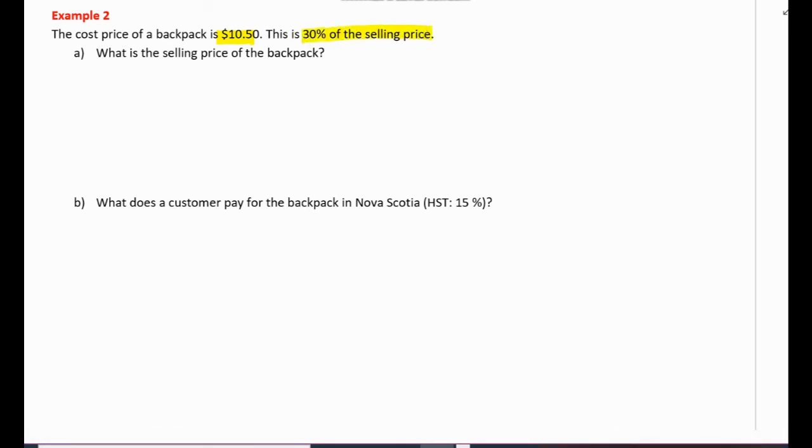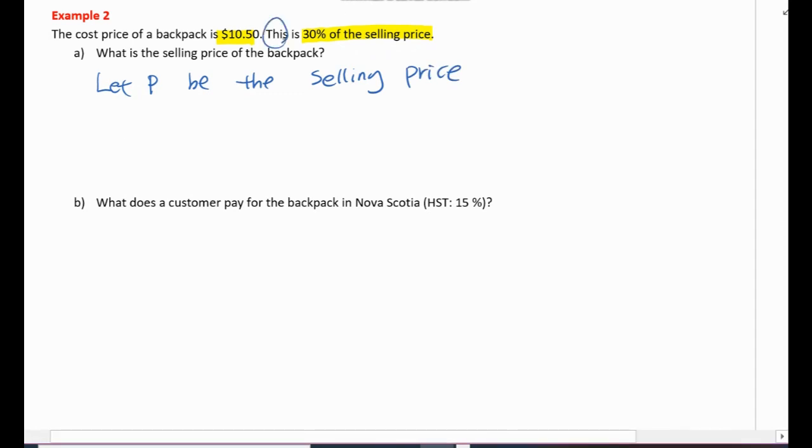So what we're going to do is let P be the selling price. You always need to define your variable. So $10.50 is 30% of the selling price.